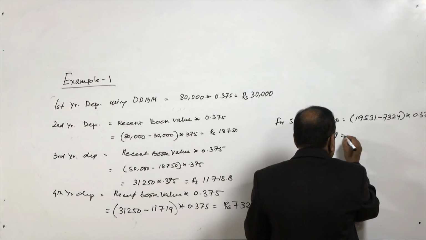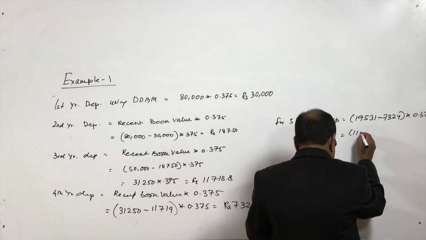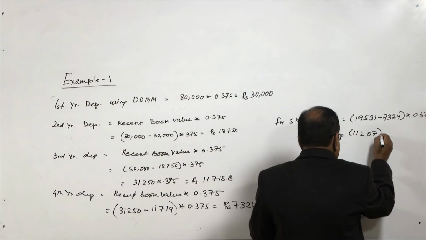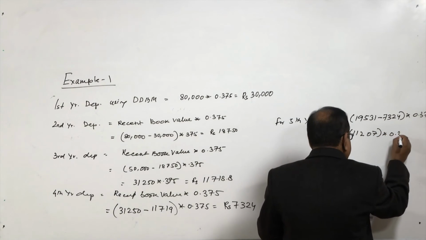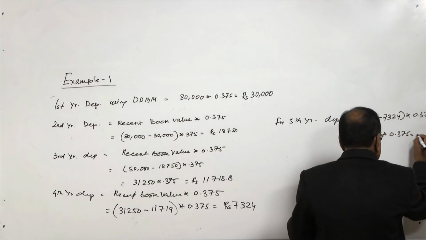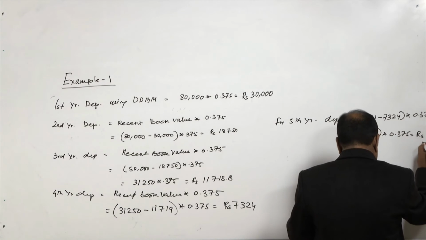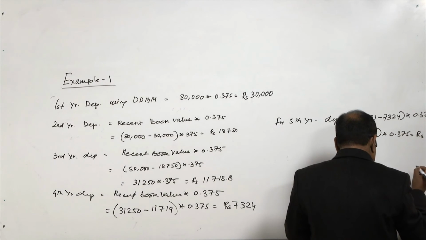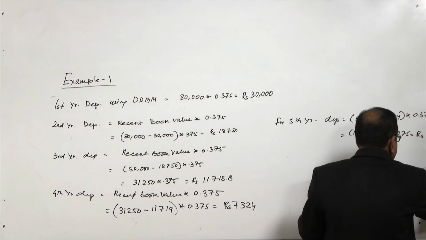This comes out to be 11,207 into 0.375, which comes out to be rupees 7,207.